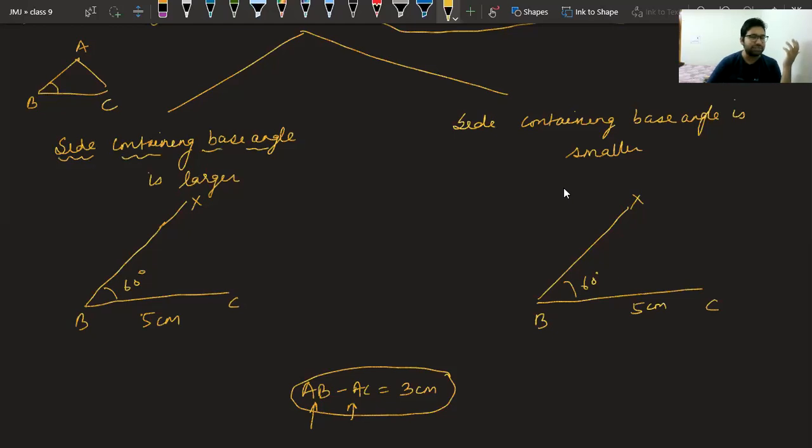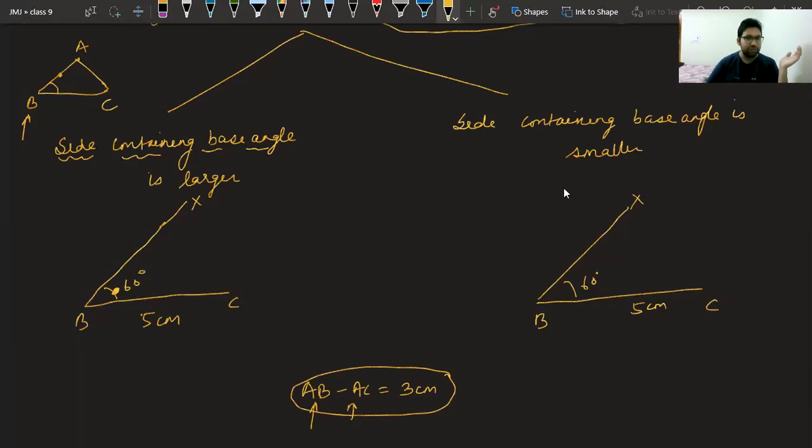If this is a triangle and angle B is given to you, AB is containing the angle. This is given to you as angle 60 degree, and the side with this angle is larger. This is the first case.